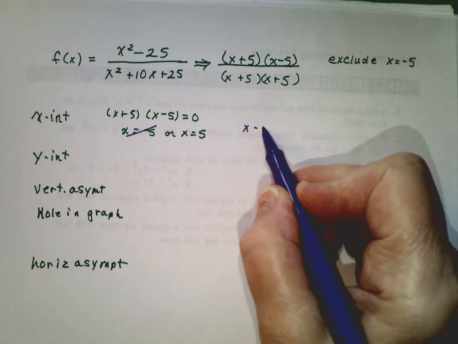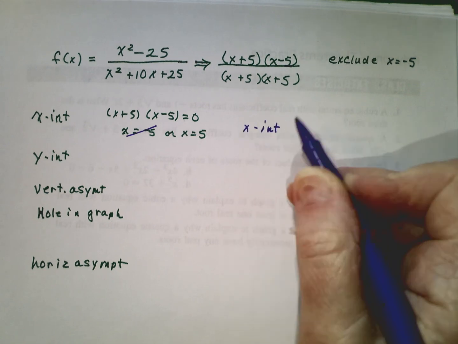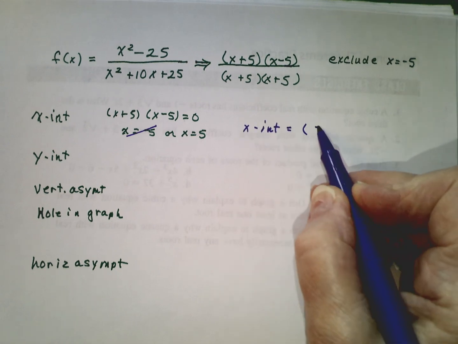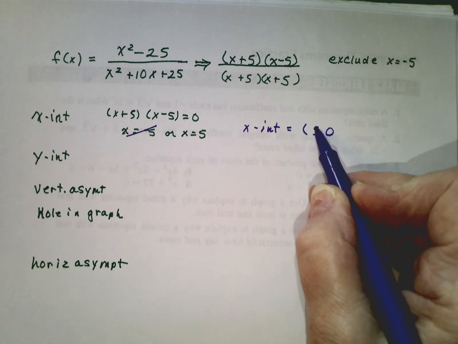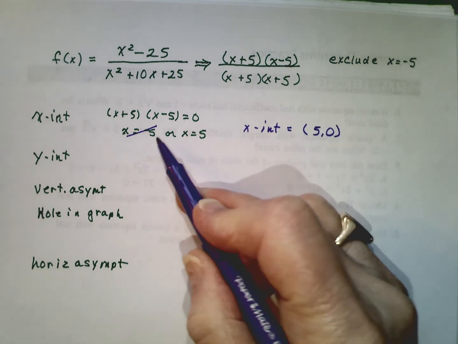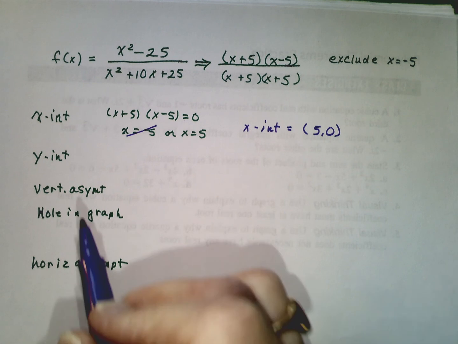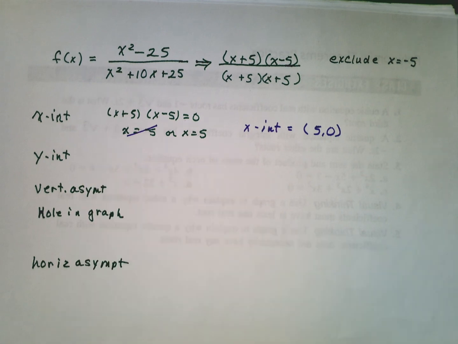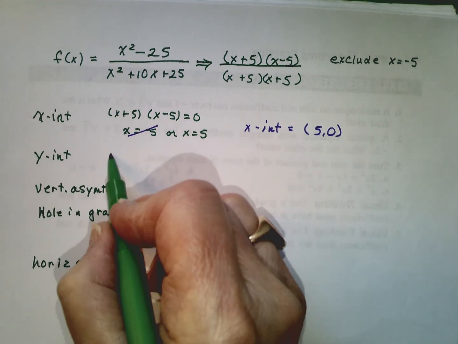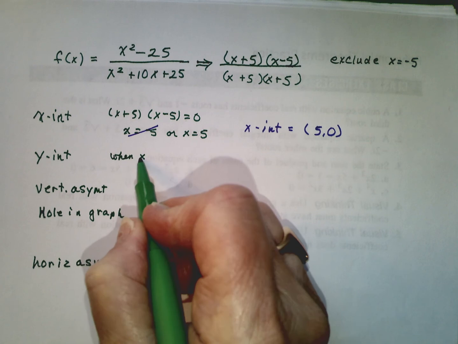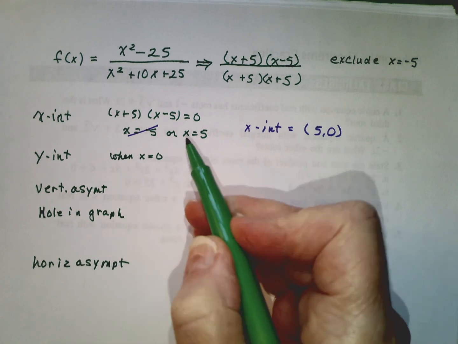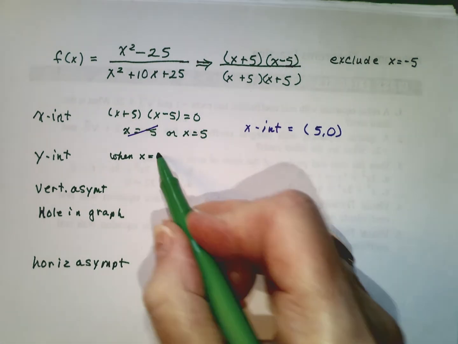So the x-intercept is going to be the point (5, 0). We have to leave out the -5 because that makes the denominator equal 0. Y-intercept, when x is 0. I'm going to put that back in the original function.